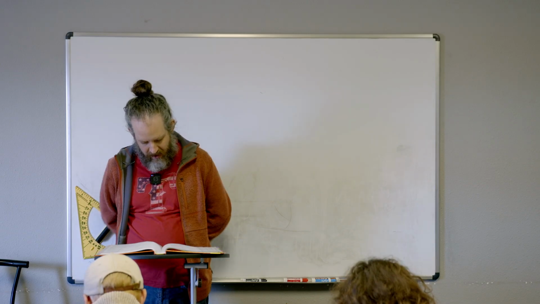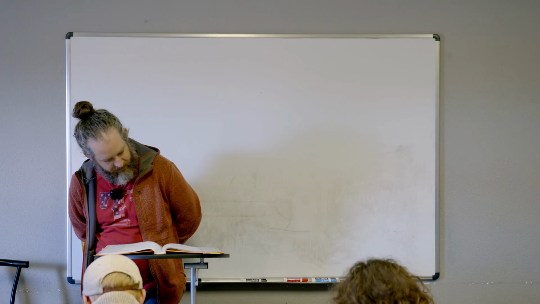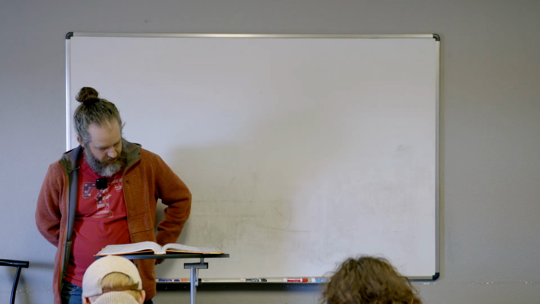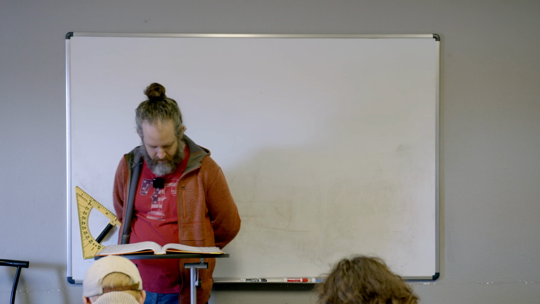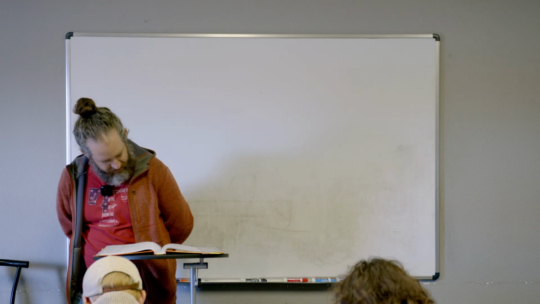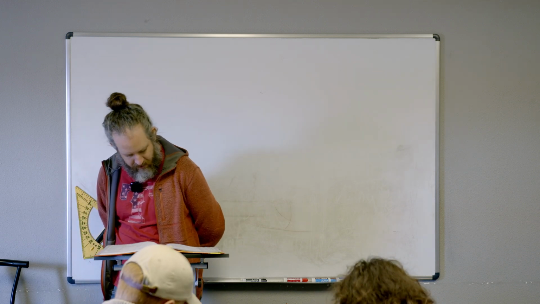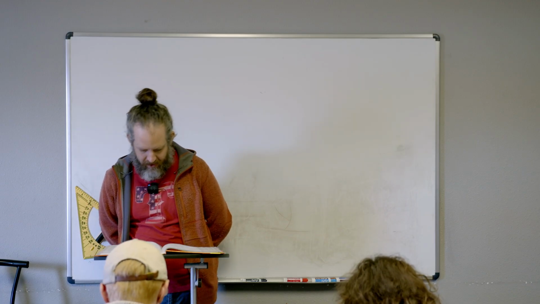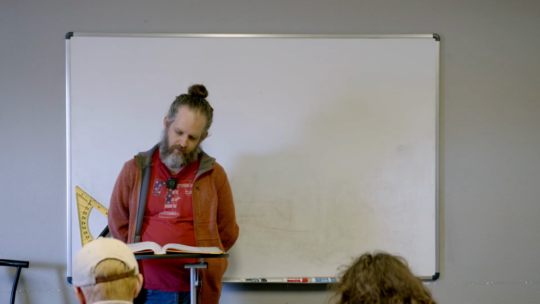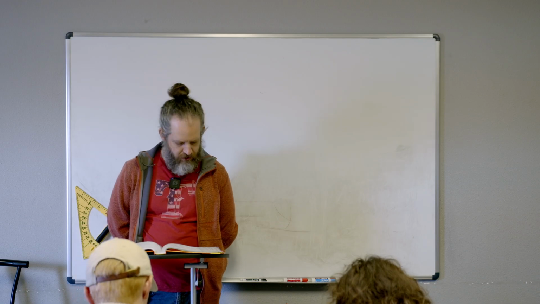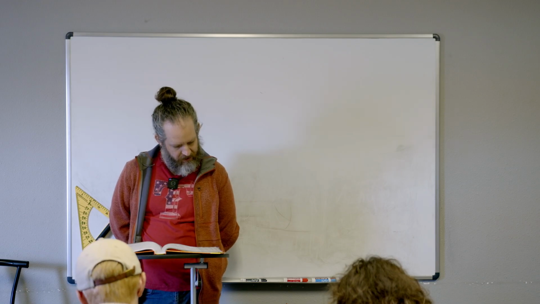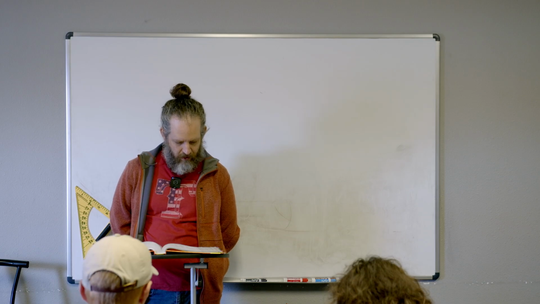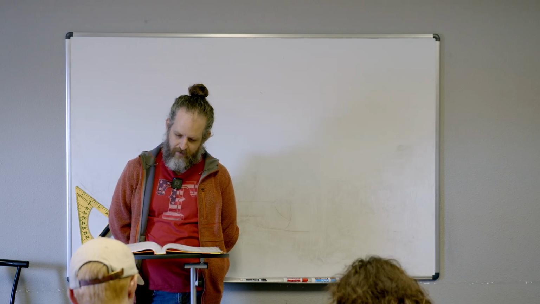Great idea, love it. Number 30 is pi over 2. 32 is pi. Number 34 is pi over 3. 36 is 0. 38 is negative square root of 2 over 2. Number 40 is negative 1/2. 42 is square root of 1 minus x squared all over 1 minus x squared.